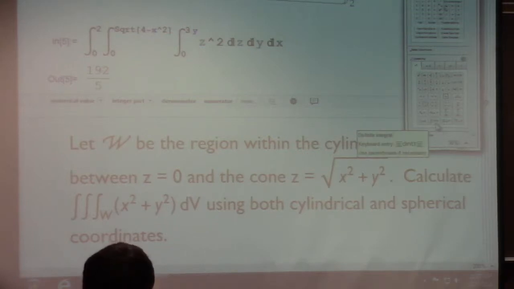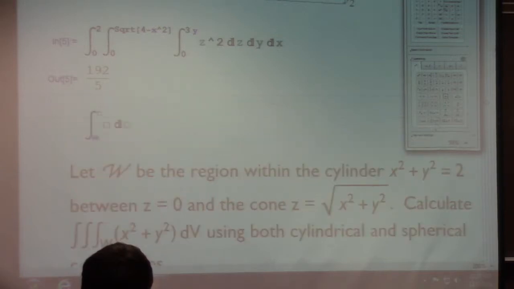Now let's do it in cylindrical coordinates. R, theta, and z, right? Don't forget the extra factor of r that you can calculate from a Jacobian determinant of a 3 by 3 Jacobian matrix. We won't take the time to do that.